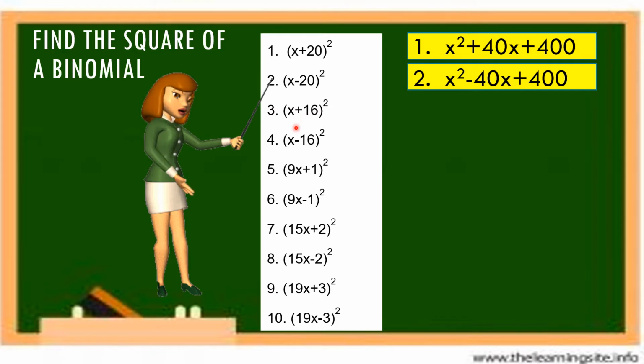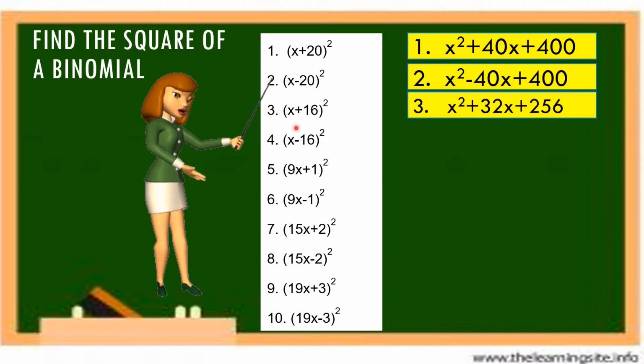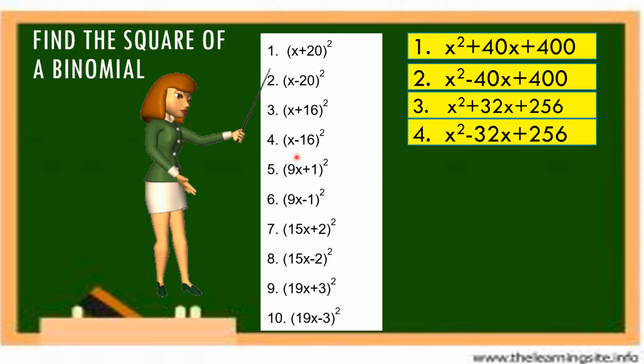What is the answer? The answer is x squared plus 32x plus 256. How about number 4? We need only to change the sign of the middle term. What is our answer? Our answer is x squared minus 32x plus 256.